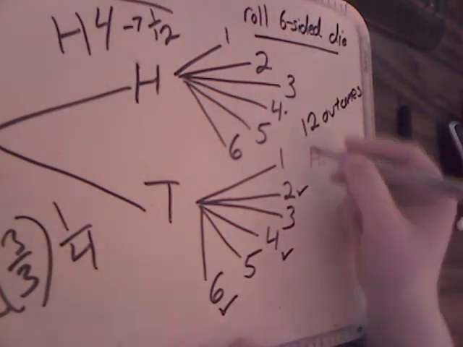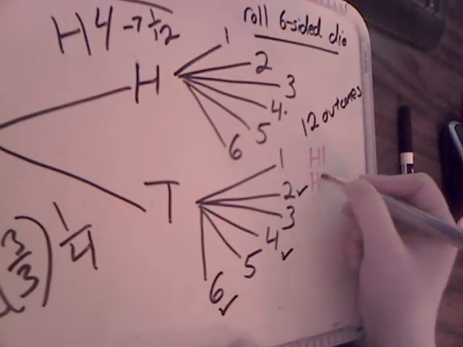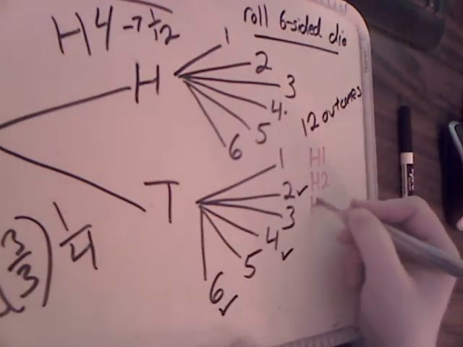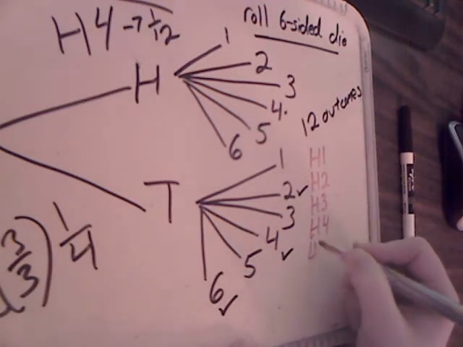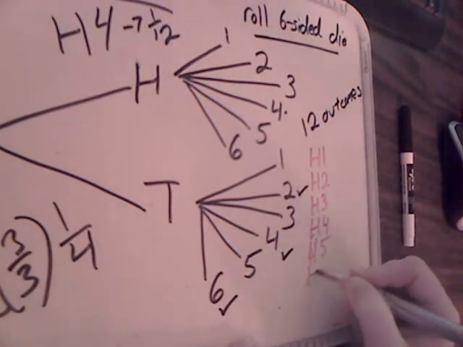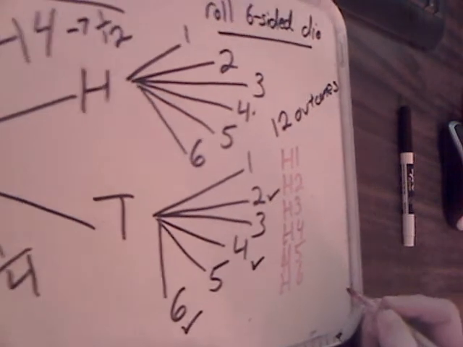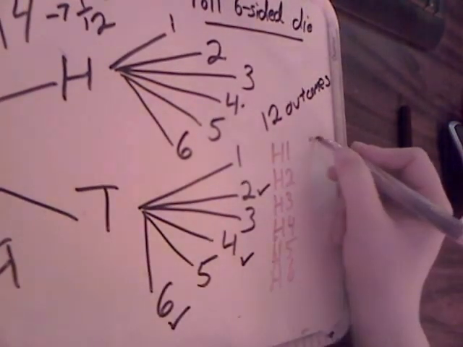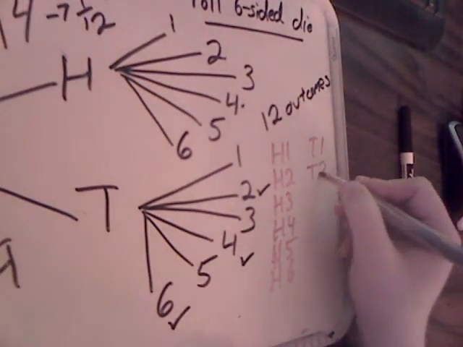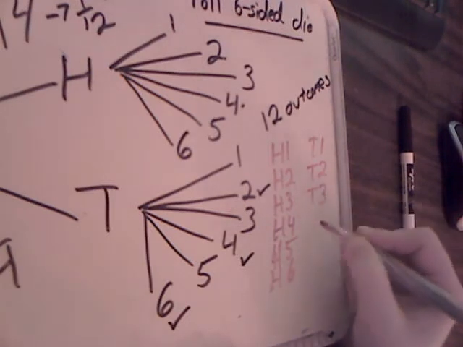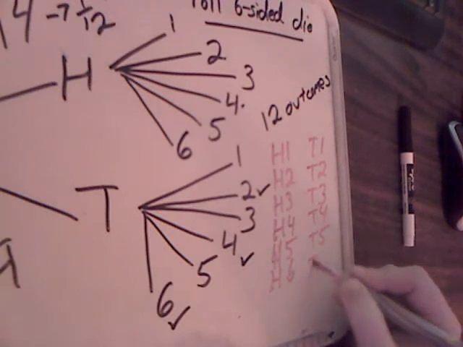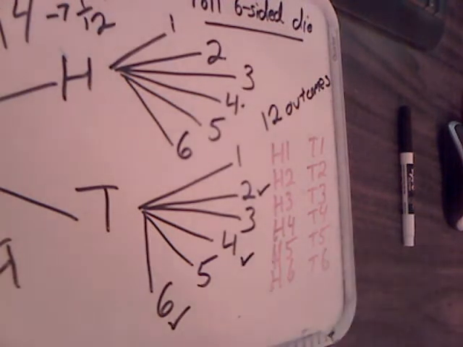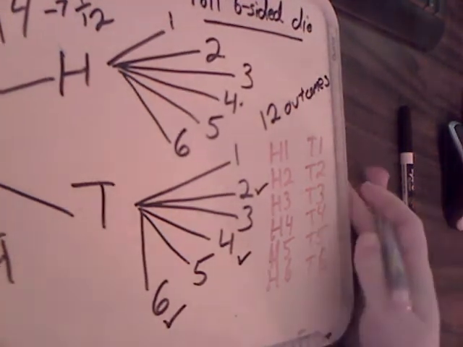Heads 1, heads 2, heads 3, heads 4, heads 5, heads 6. I could also get tails 1, tails 2, tails 3, tails 4, tails 5, or tails 6. So there are all of my outcomes.